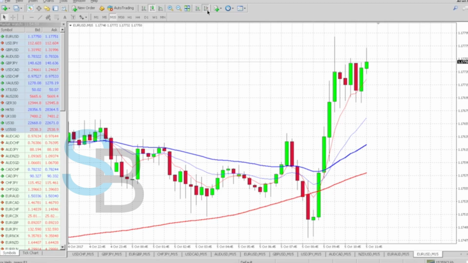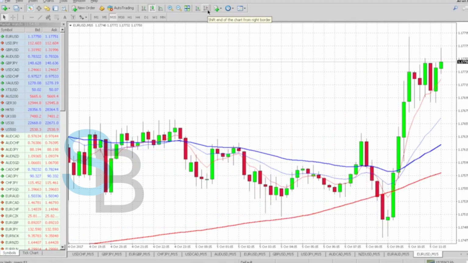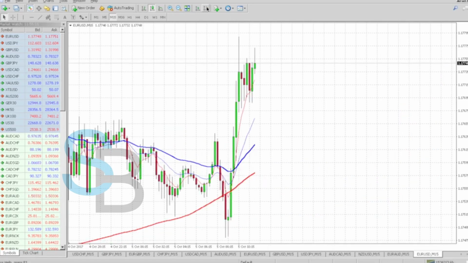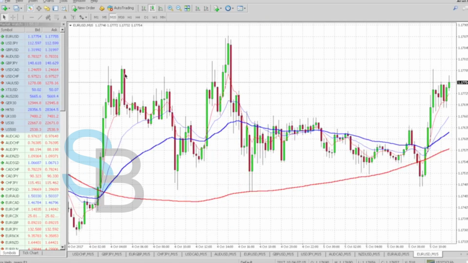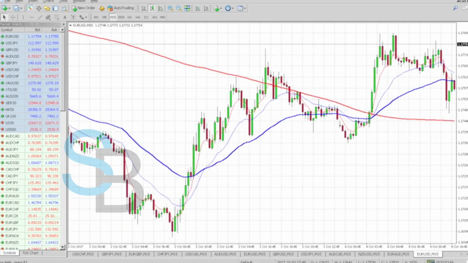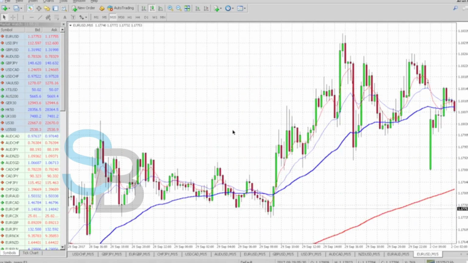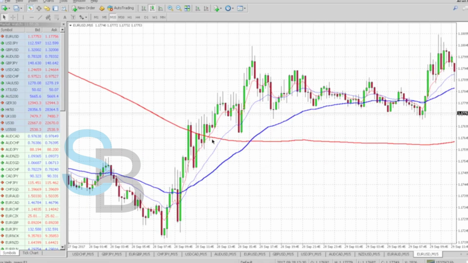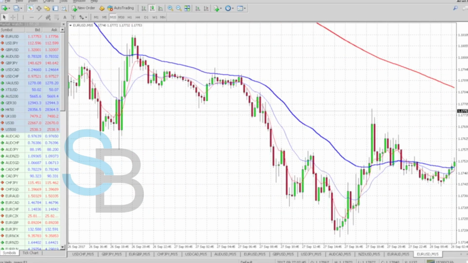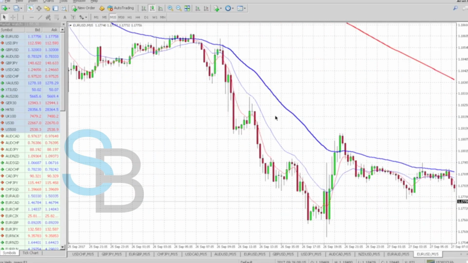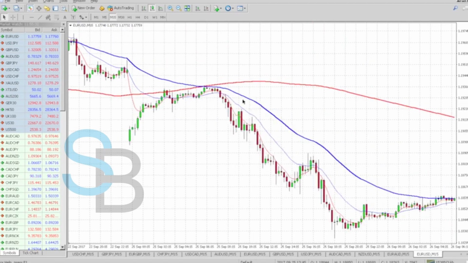Now another thing that you could look at would be the line drawing. Okay, so for example, let me just zoom out. Now if you like to draw lines, for example, like draw some support or resistance levels, you see certain support. Now I don't really use support and resistance that much in my Forex strategy.